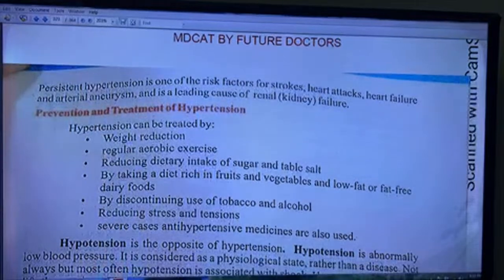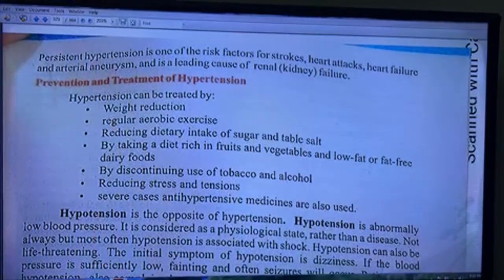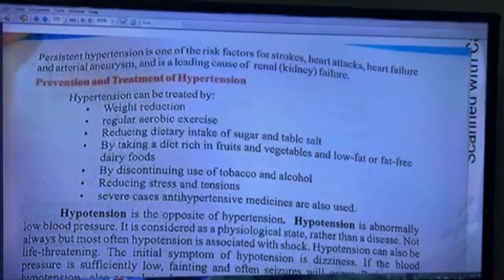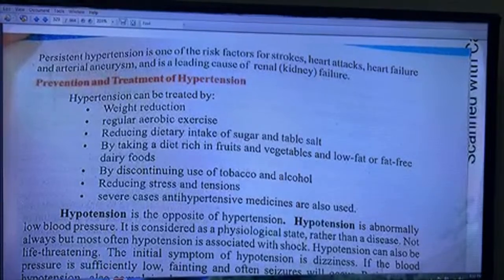Persistent hypertension is one of the risk factors for strokes, heart attacks, heart failure, and arterial aneurysm, and is a leading cause of renal kidney failure.